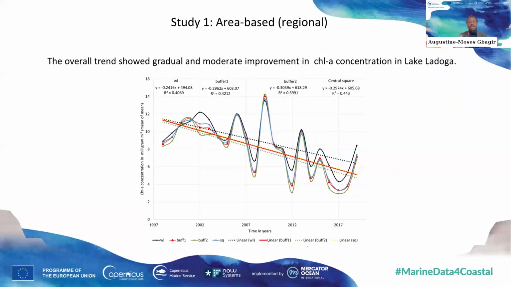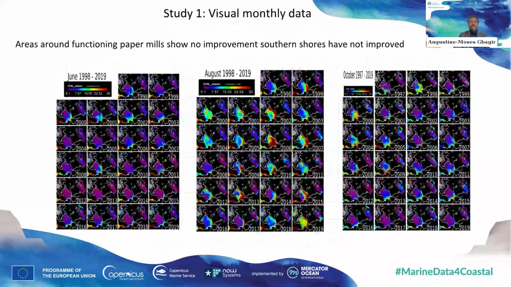From the whole lake and also in the subsampled areas, almost all the results indicated that there was a decrease in the chlorophyll content in Lake Ladoga, which is not so drastic, but moderate in this context. And then apart from this, we also did a visual interpretation.